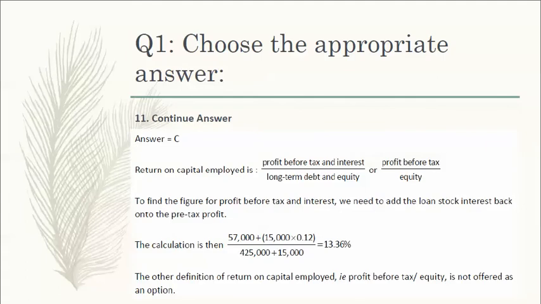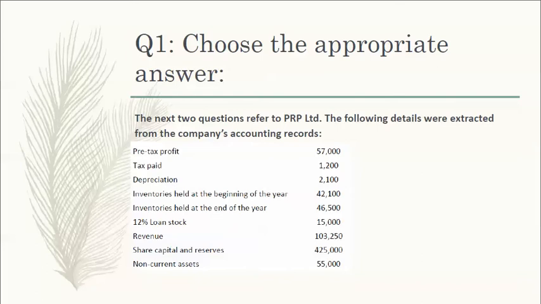Therefore, the profit before tax and interest will be 75,000 plus 15,000 multiplied by 0.12, over long-term debt and equity. The long-term debt and equity we also get from the figures given.